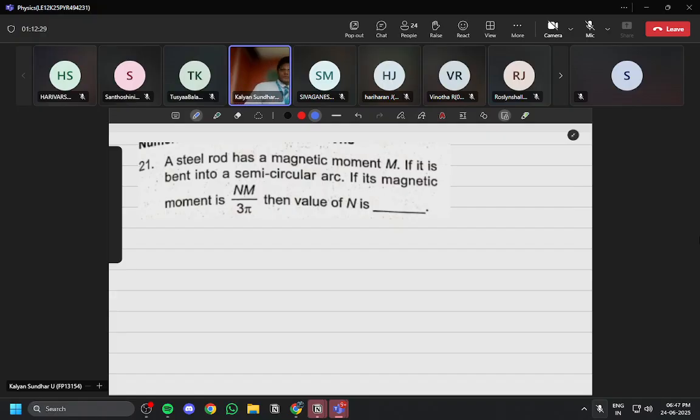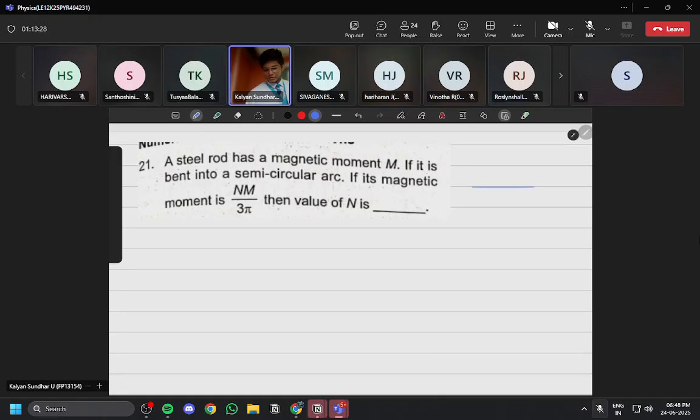What is the value of N? Sir, 6 is the correct answer.